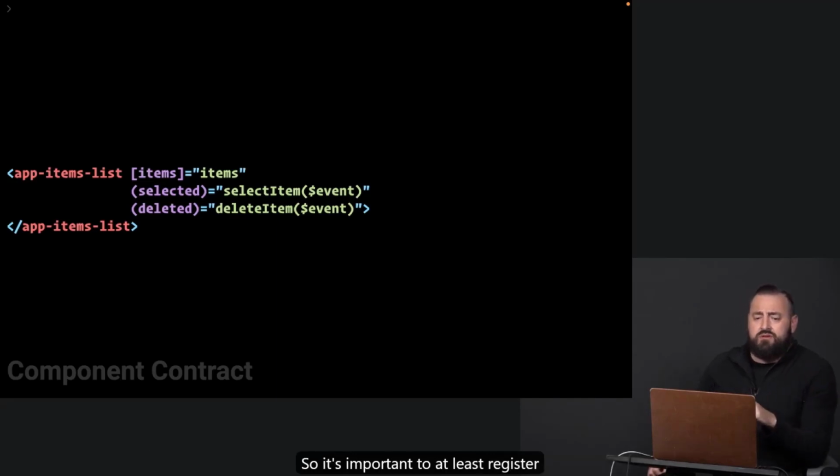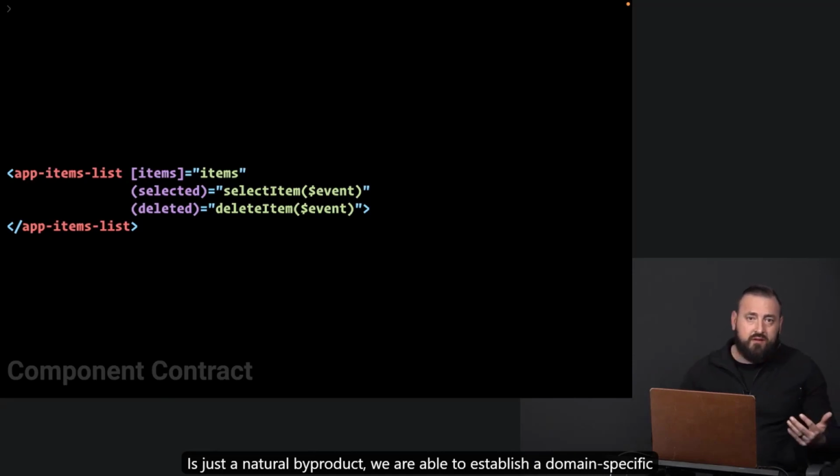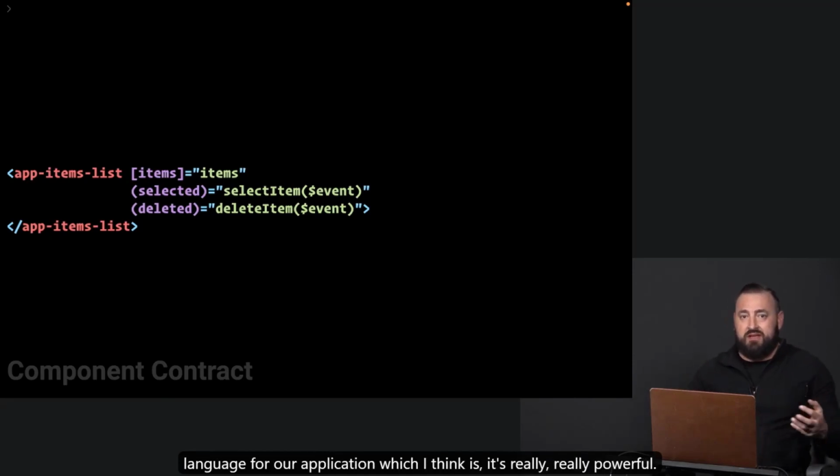So it's important to at least register that by using inputs and outputs and component-driven architecture, almost as a natural byproduct, we are able to establish a domain-specific language for our application, which I think is really, really powerful.